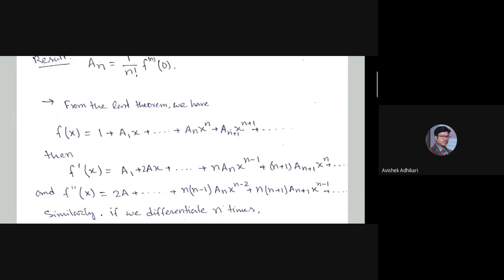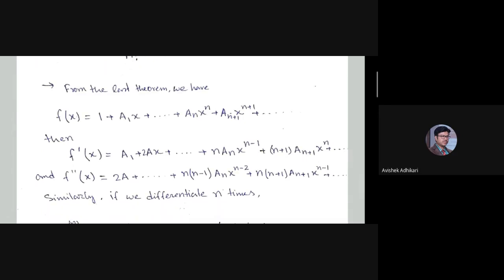Then by the first derivative we can write it as a1 + 2a2x + ... + n·an x^(n−1), and so on. By the second derivative we can write it as 2a2 + ... + n(n−1) an x^(n−2), and so on.